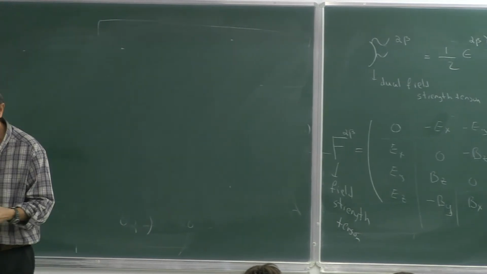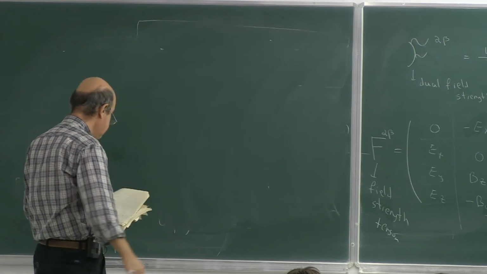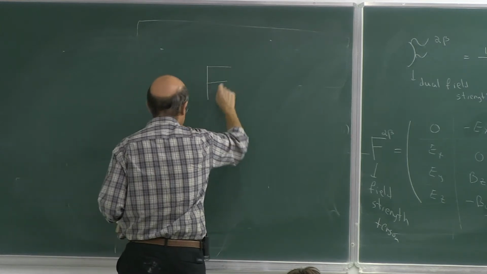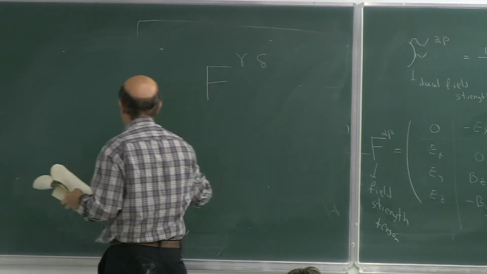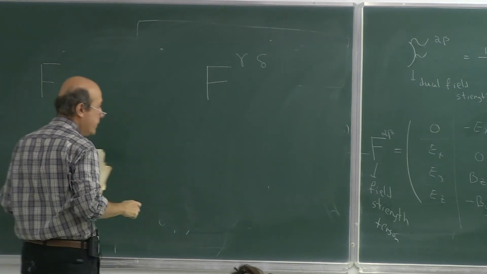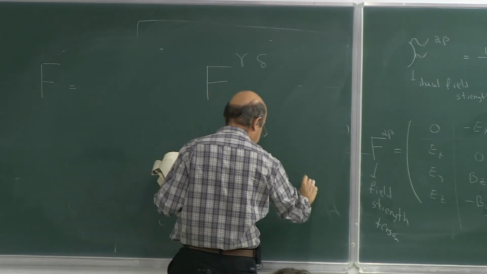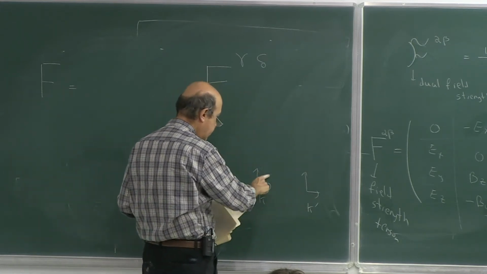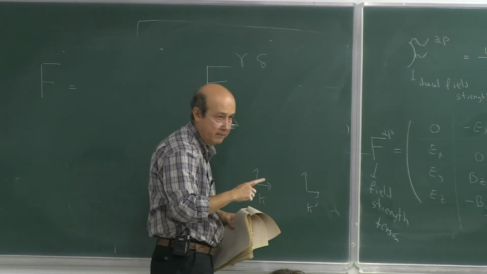electromagnetic field. So in general, let us remember how we can transform the field strength tensor. So we have F gamma delta. If we transform to another frame, okay, you have one frame K and another frame K prime. You can write the Maxwell field strength tensor in one frame, and in the other frame.